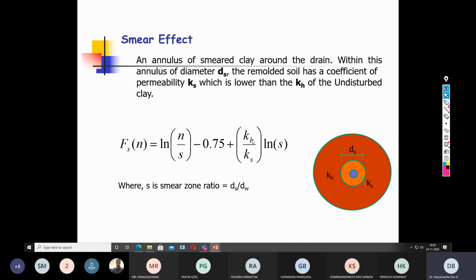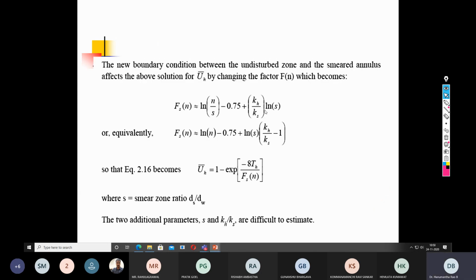KH is the permeability in the horizontal direction. KS is the permeability of the smear zone. Then accounting for smear effect plus well resistance, or only smear effect, and for perfect drain.